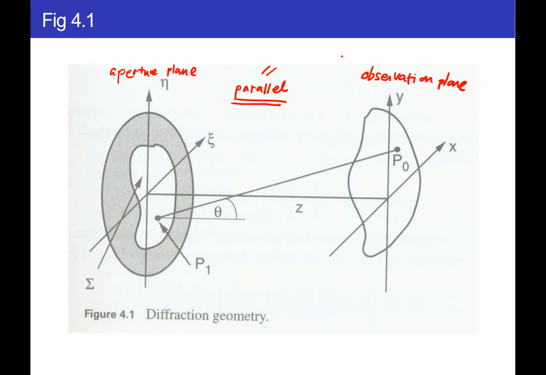So we are going to assume they are parallel to each other. So that is our simple assumption. But AR is not parallel. Okay, that's one thing we need to make sure.